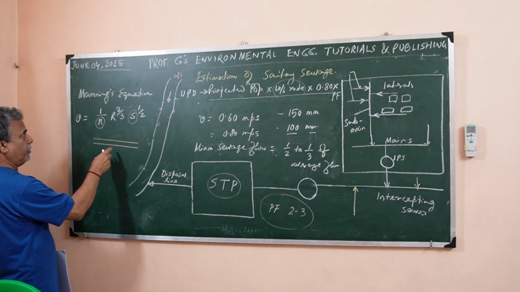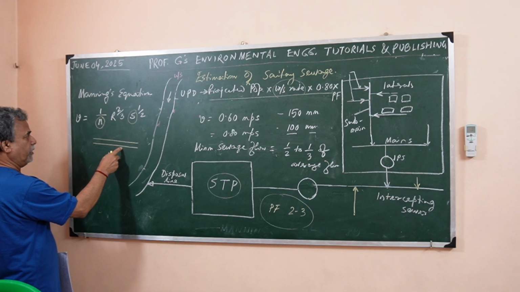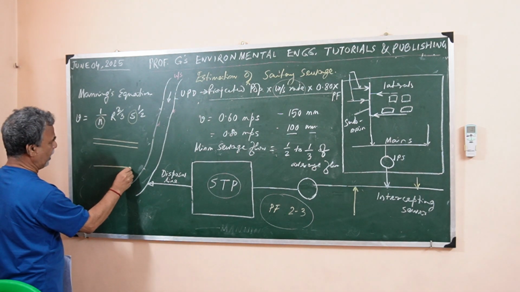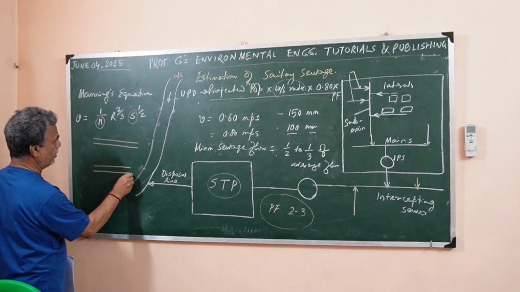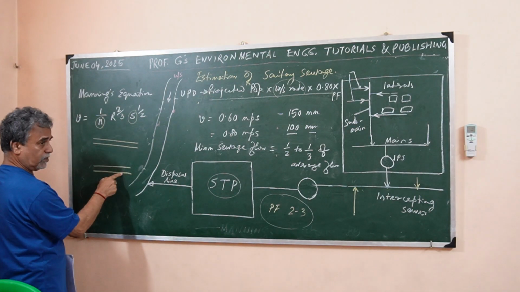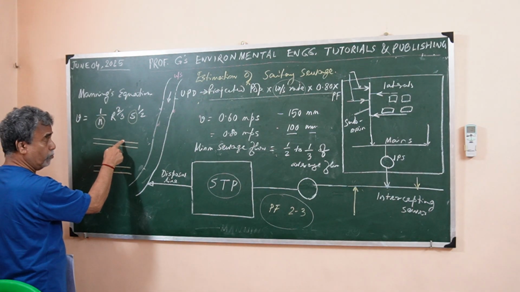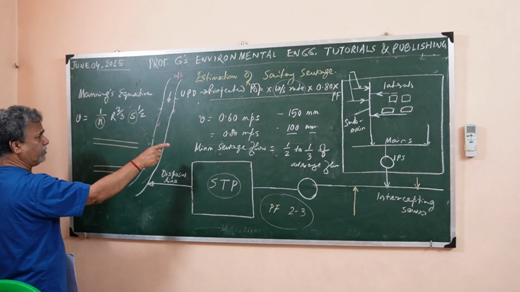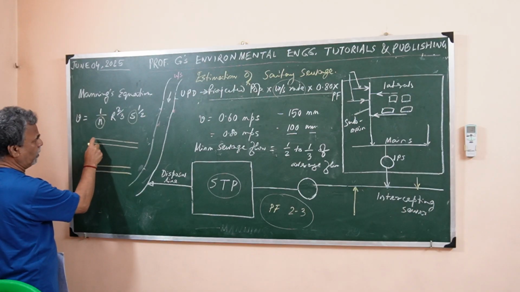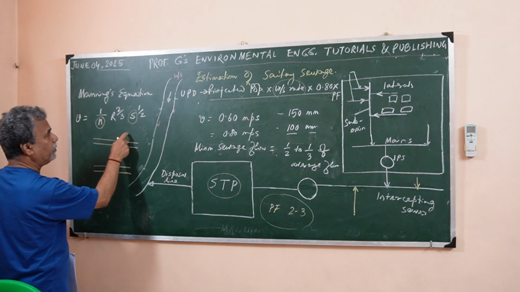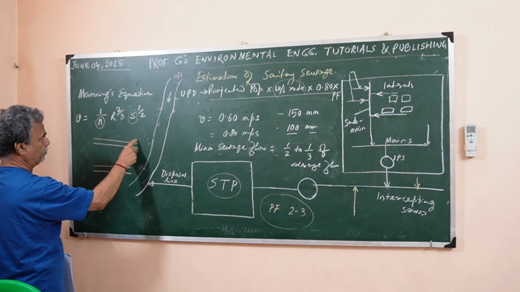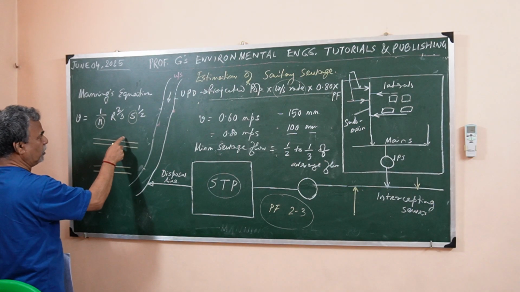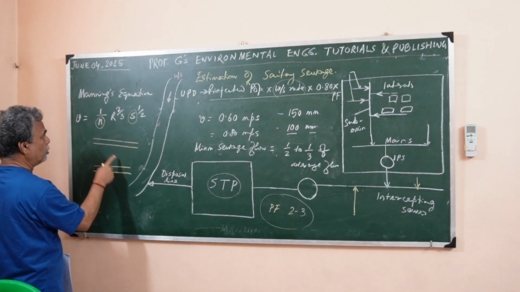Now if the gradient is flat more or less, here S will be less, here S will be more, hydraulic gradient. And as it is gravity flow, more or less the pipe gradient will be equal to the hydraulic gradient also. So S will be more here, and less here.